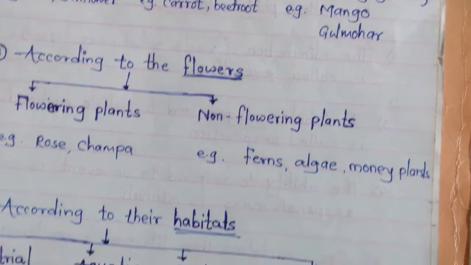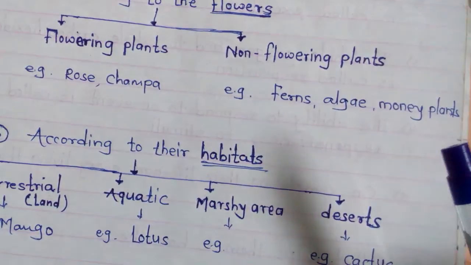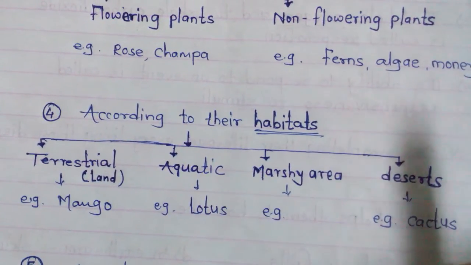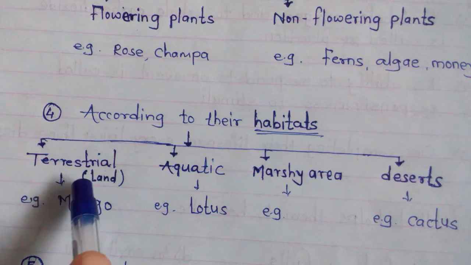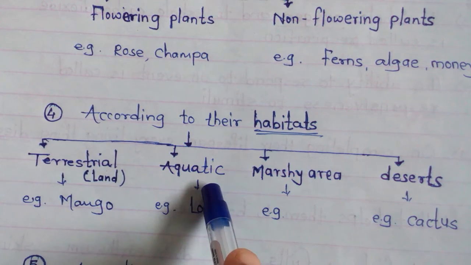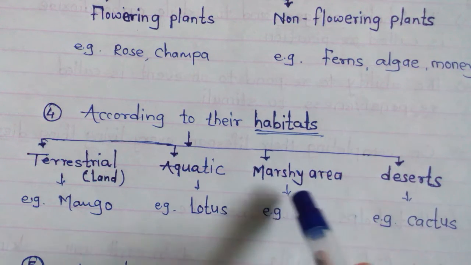Okay, then see according to their habitat. According to their habitat means where the plants grow. There are terrestrial, meaning growing on land, then aquatic, marshy area and desert area.